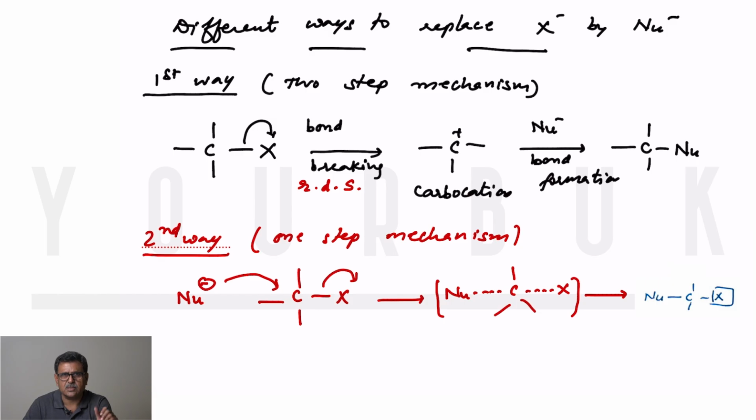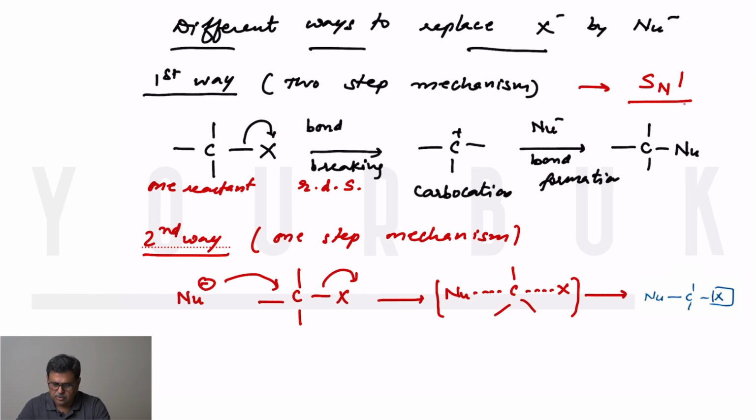That's the rate determining step, and in this step we have only one reactant molecule. So this reaction is called the SN1 mechanism. SN1, because it is unimolecular, you have only one reactant in the rate determining step. One means unimolecular, N means nucleophilic, S means substitution.